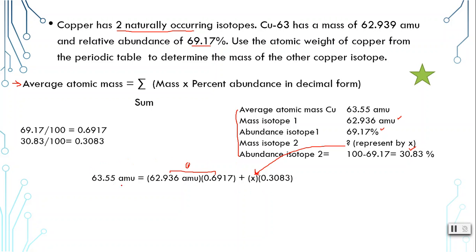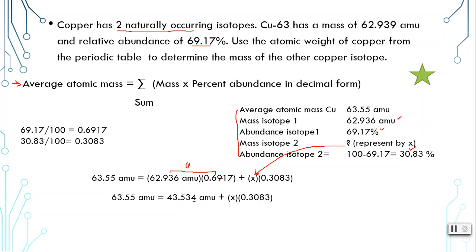So I'm going to use this equation to solve for x, the mass of my second isotope. First things first, you always do what's in parentheses first. So go ahead and multiply 62.936 by 0.6917. And again, I'm not going to be too picky on sig figs here. Technically, this 4 is not significant. I can underline it if I want, but I'm going to bring it along for the ride.